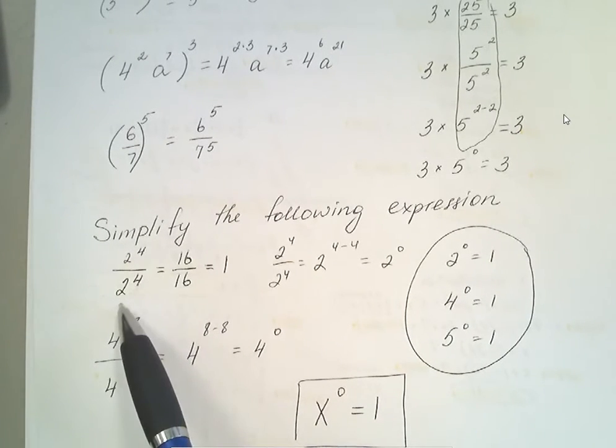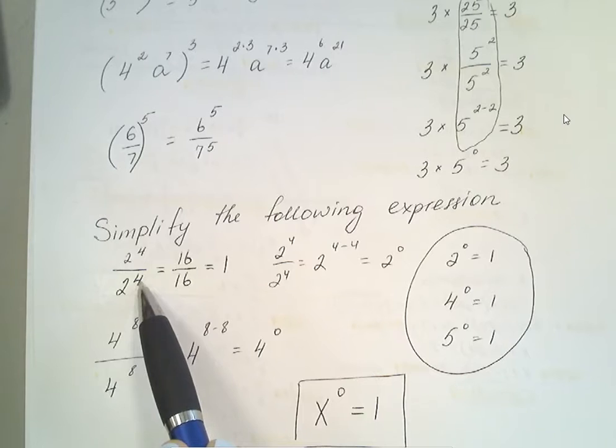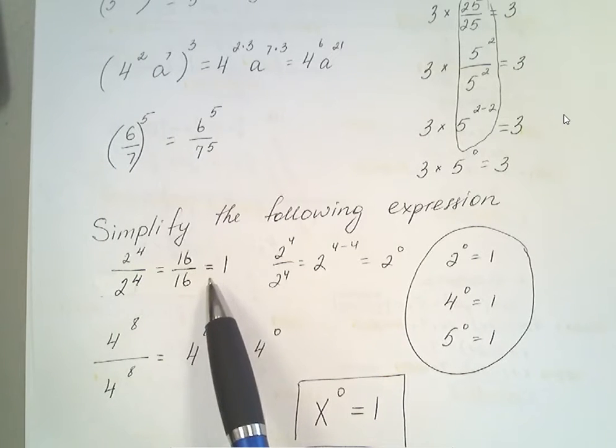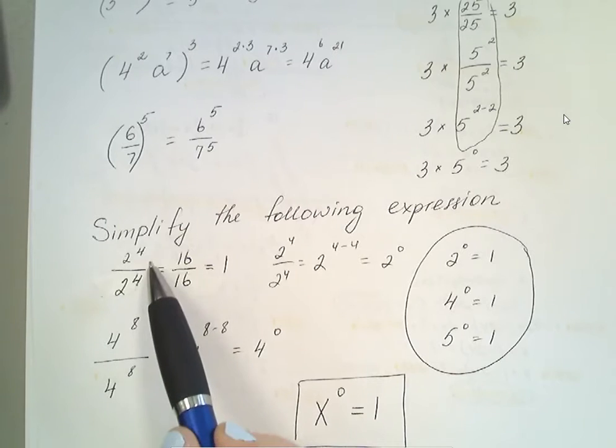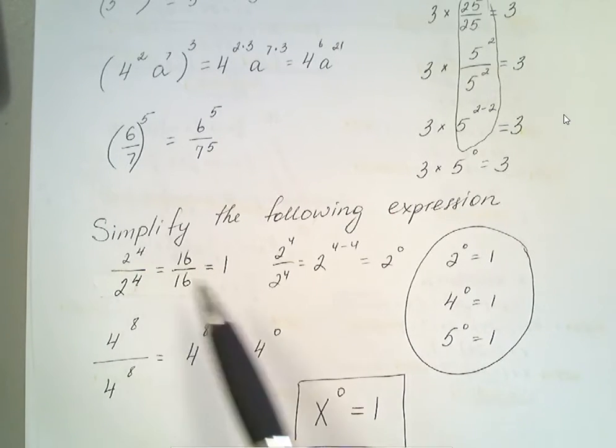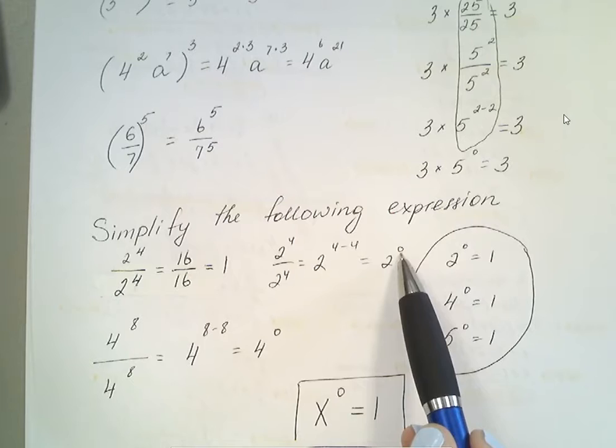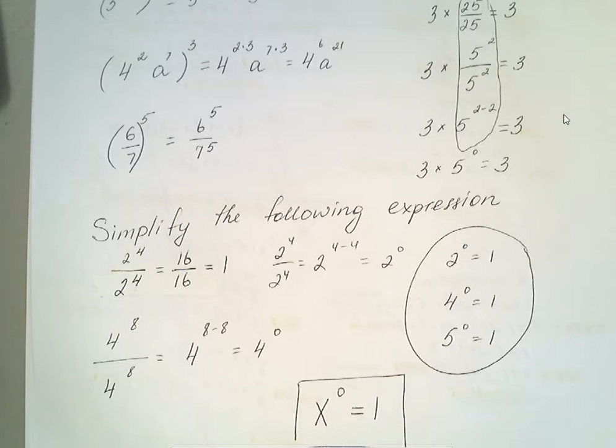If I'm dividing it by itself, it is going to be one whole. And according to our second rule, when I'm dividing numbers with the same base, I'm going to subtract the exponents, leading to the exponent of a 0, right? And that is still one whole, sorry.